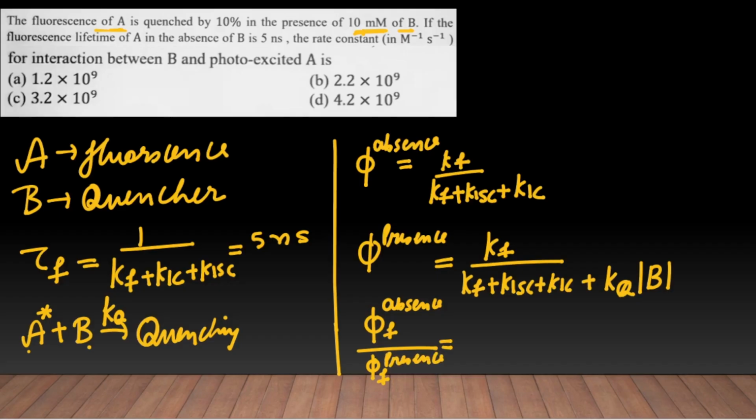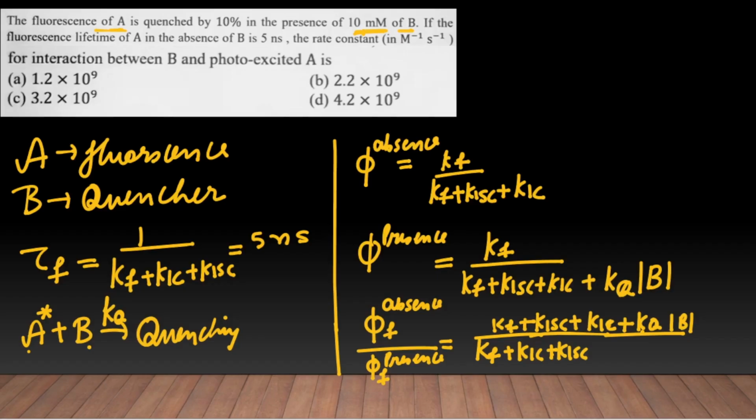This will be equal to, in the absence, Kf upon Kf plus KIC plus KISC, and in the other, the presence, Kf plus KIC plus KISC plus KQ times the amount of the quencher. This KQ is what they are asking us to find.